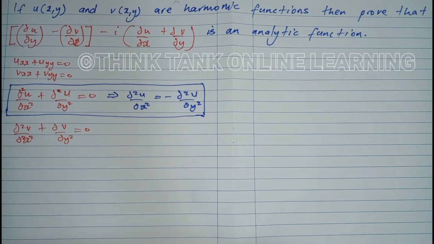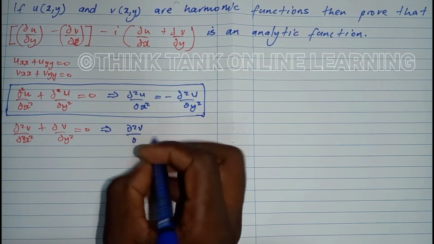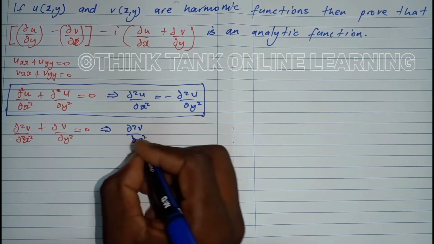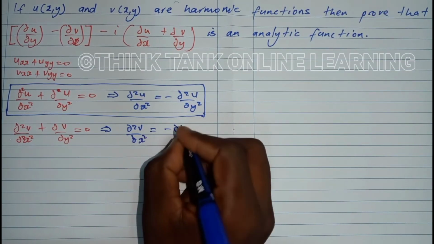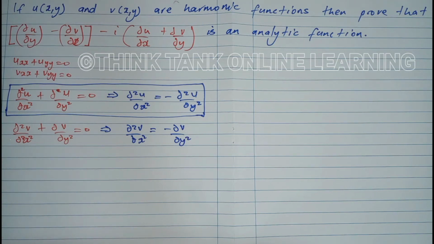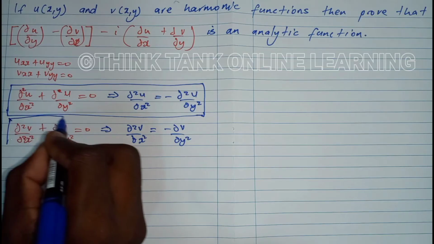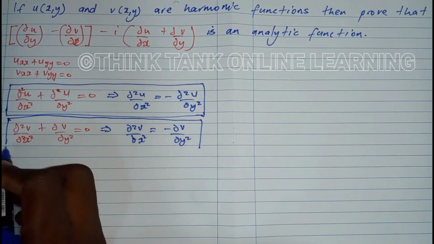Then this implies that partial squared v over partial x squared is equal to negative partial squared v over partial y squared. The reason I'm writing these is that they are formulas we are going to need.